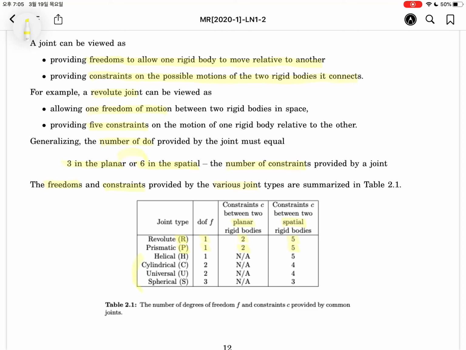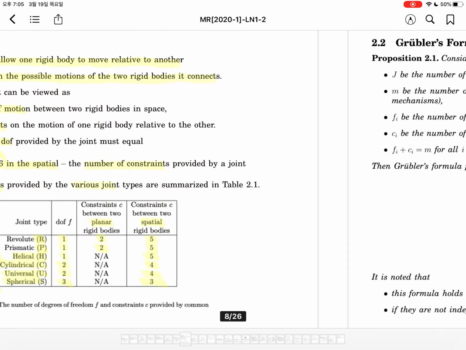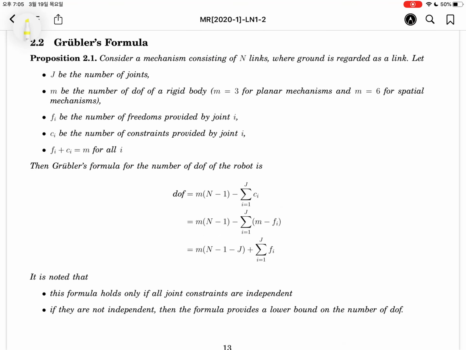The remaining 4 joints can be used only for spatial mechanisms. The helical joint has 1 degree of freedom and 5 constraints. The cylindrical joint has 2 degrees of freedom and 4 constraints. The universal joint has 2 and 4. The spherical joint has 3 degrees of freedom and 3 constraints.